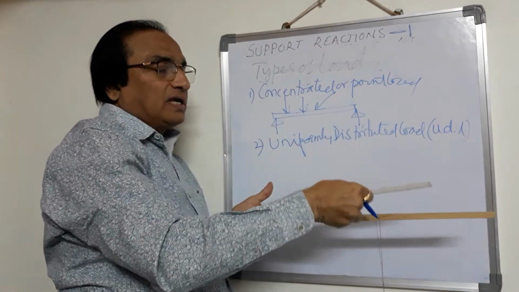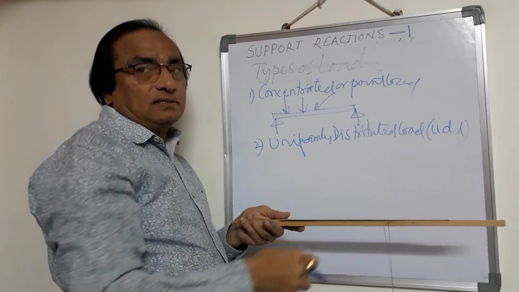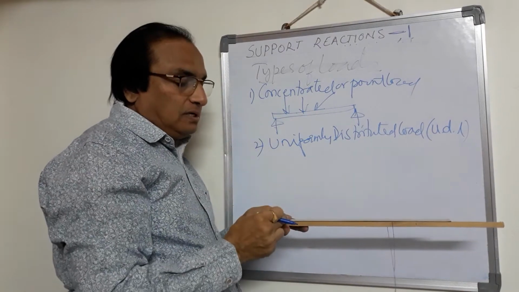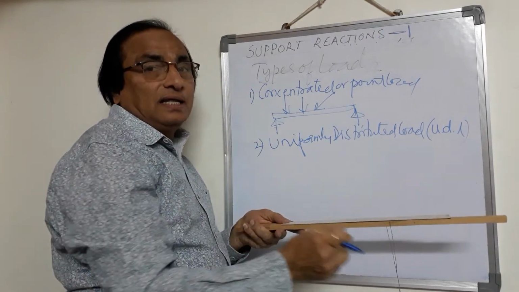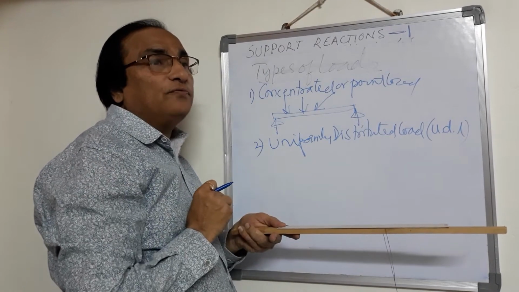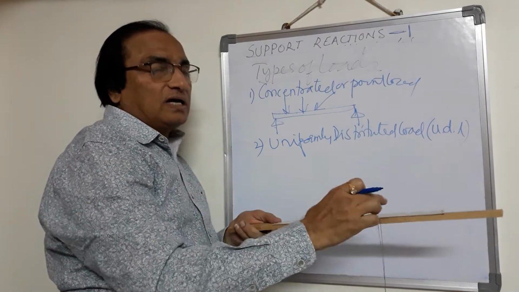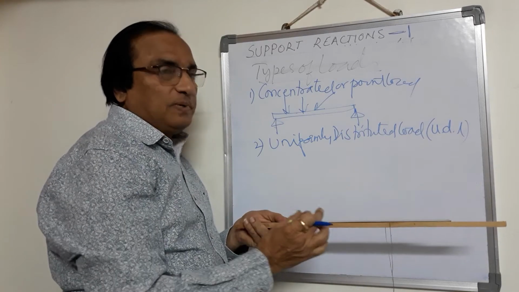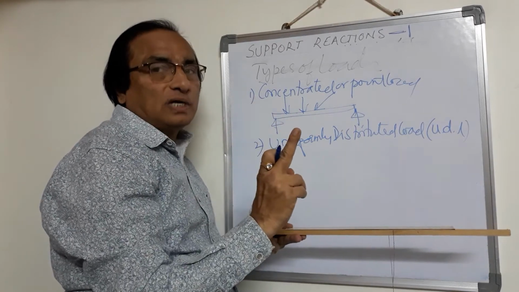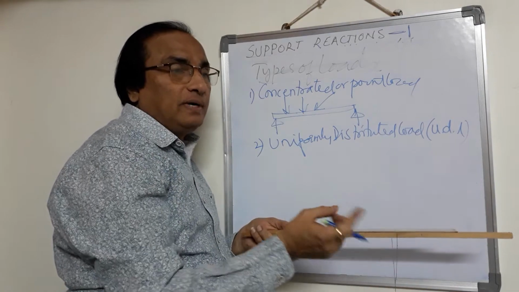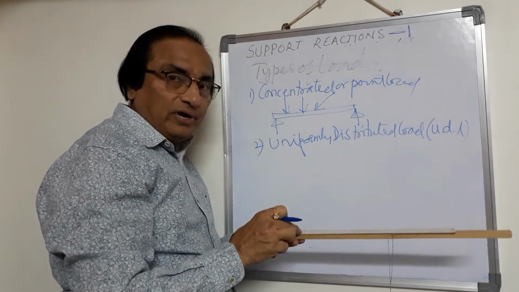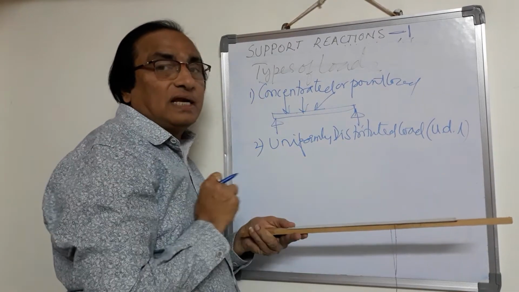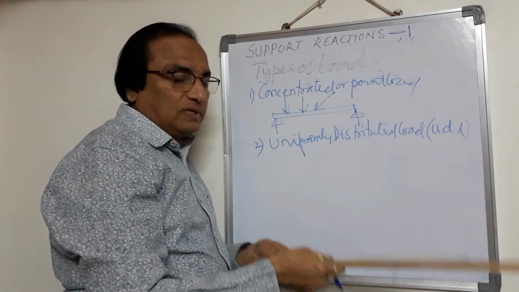So here, if I keep the body in the horizontal direction, same 10 Newton, it is acting for a certain length. So we call this as a uniformly distributed load. If I cut this into 10 pieces, so if the total weight is 10, each piece will be of 1 Newton. So like this, total weight will be the unit weight multiplied by the length of the load which is acting.